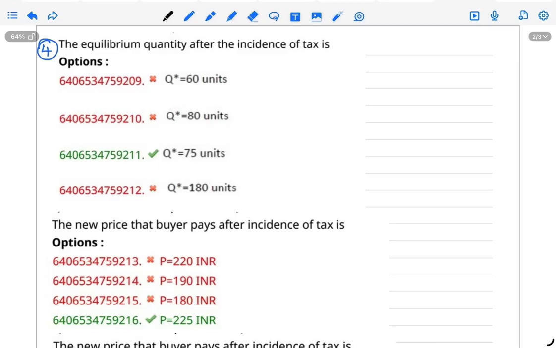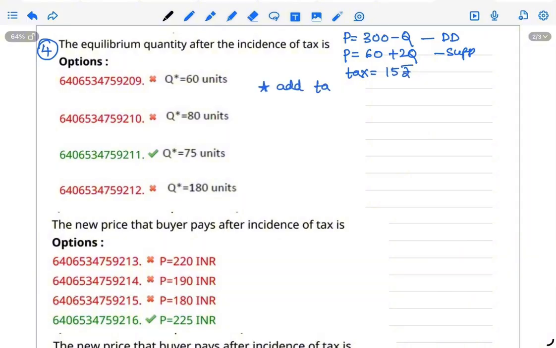Next, the quantity after the incidence of the tax. 300 minus Q is the demand function, 60 plus 2Q is the supply, and the tax equals 15 rupees.